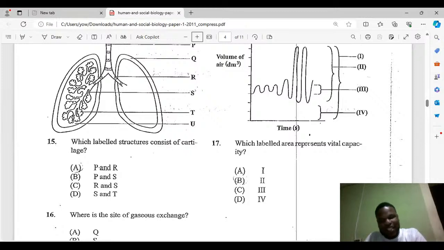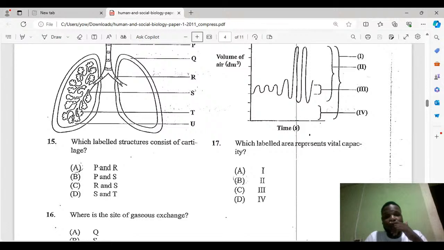It's a strong, flexible tissue that supports the trachea and allows it to move and flex when you breathe. Whenever you breathe in and out, it supports your trachea. So that's what P and R really are.